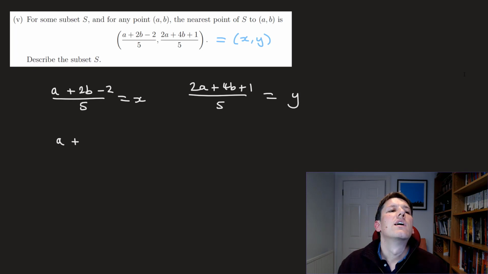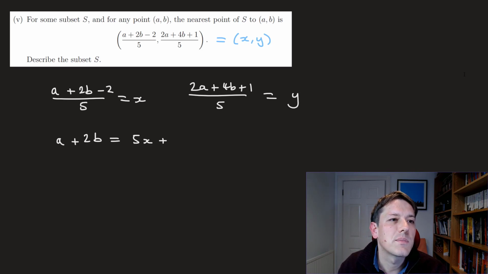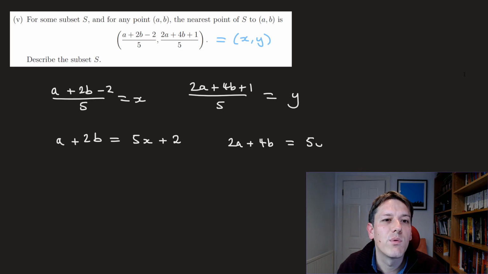And we do get lucky here. We have a plus 2b equals 5x plus 2, and from this one we get 2a plus 4b is equal to 5y minus 1, and we see that this second one is exactly double this first one, right?